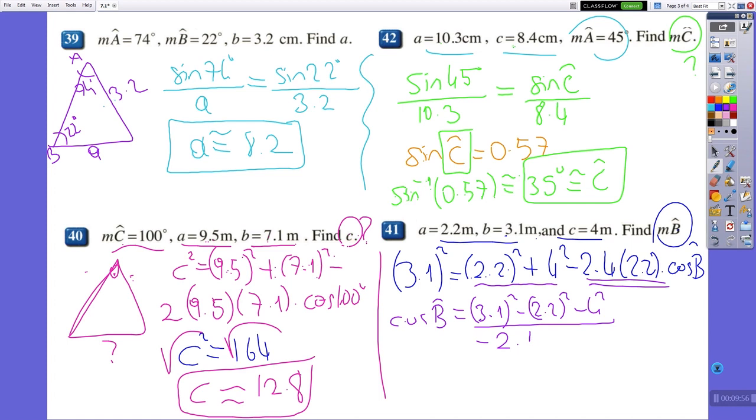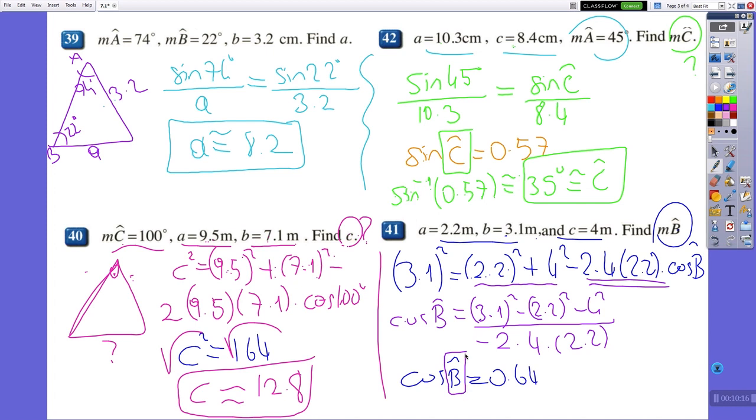Divide both sides by negative 2 times 4 times 2.2, and calculate it with your calculator. So cosine B will be 0.64. You know the way of finding B?